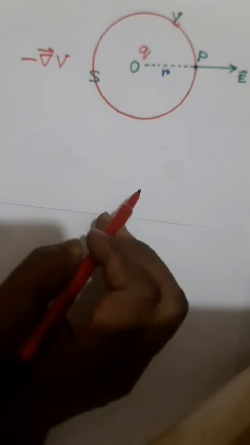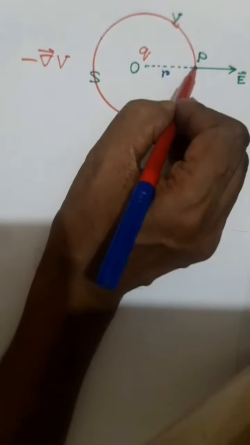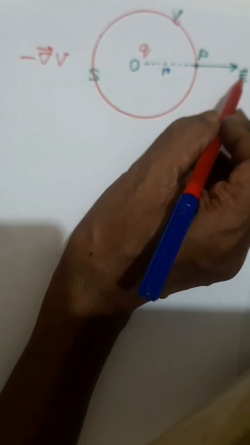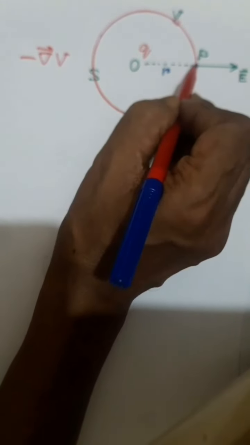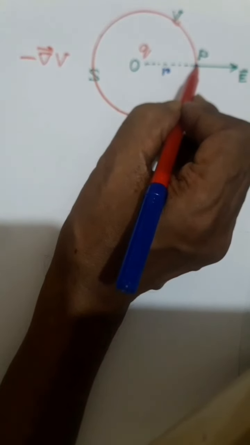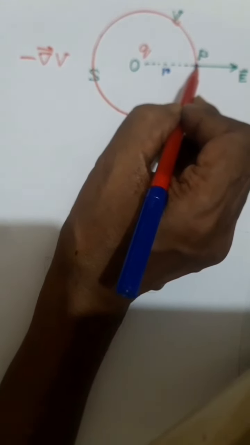V is a scalar function. Its negative gradient at P gives us an electric field E along OP, that is, along the outward drawn normal to the surface at P.